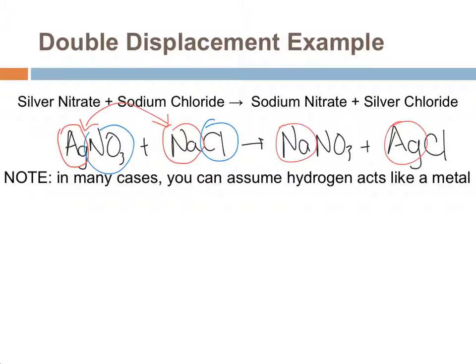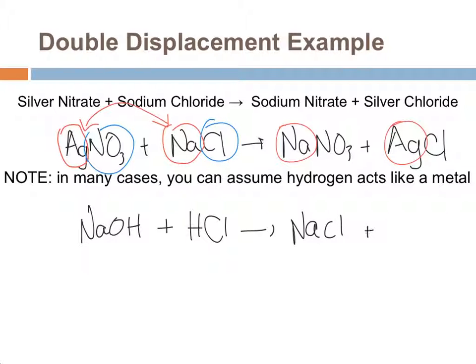A really good example would be a neutralization reaction. So let's take something like sodium hydroxide and react it with hydrochloric acid. That gives sodium chloride and water.